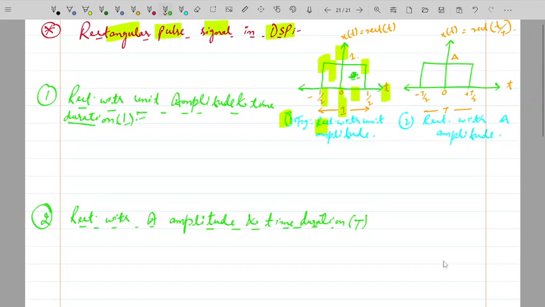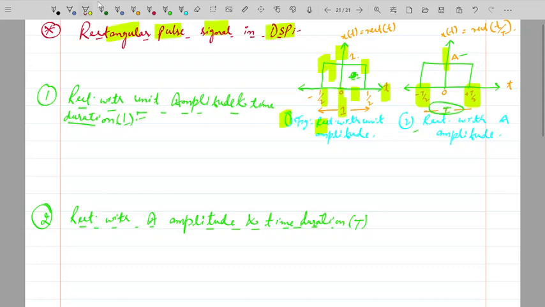So that is the case when the width of the rectangle is 1. In the second figure, the width of this rectangle is considered as capital T, and the amplitude is A. It is divided into two parts on the y-axis, minus T by 2 and plus T by 2, same as the previous case.